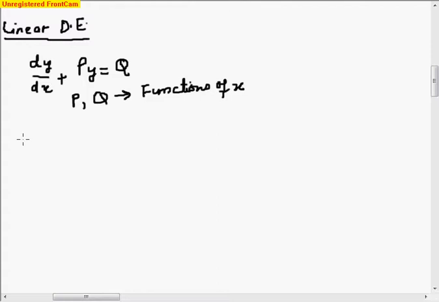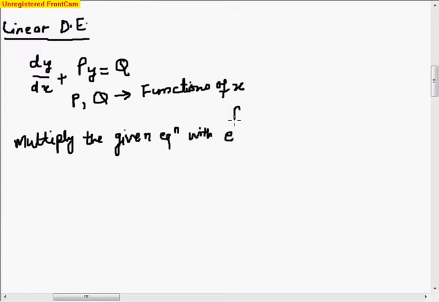So to solve this differential equation, I'll ask you to multiply the given equation with e raised to power integral p dx. So what you will get?